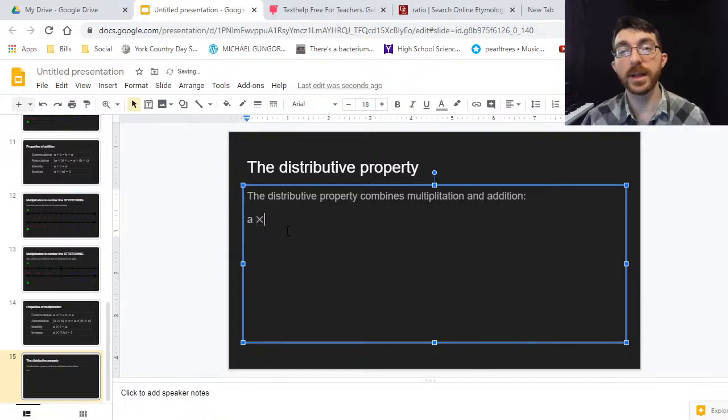A times (B plus C) equals A times B plus A times C. I know it's not necessary to put times everywhere; I just want to be super duper clear. I think I need to make this centered and bigger.